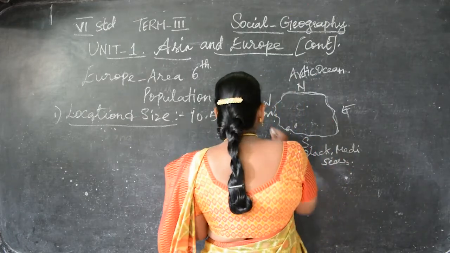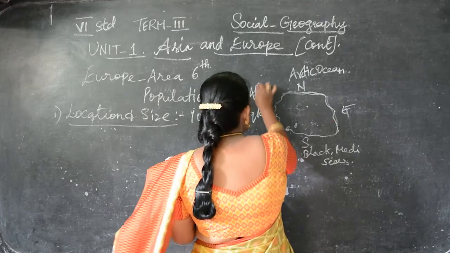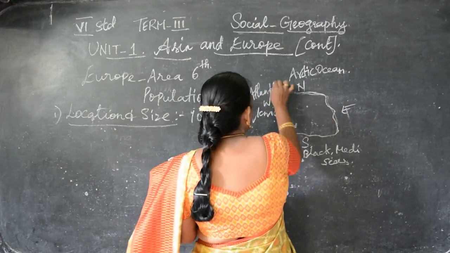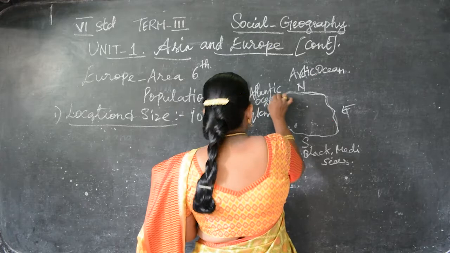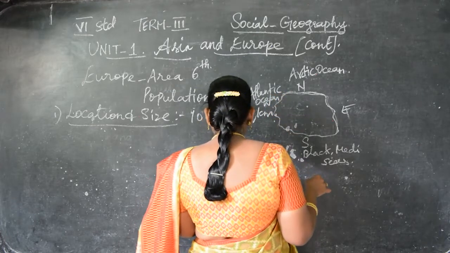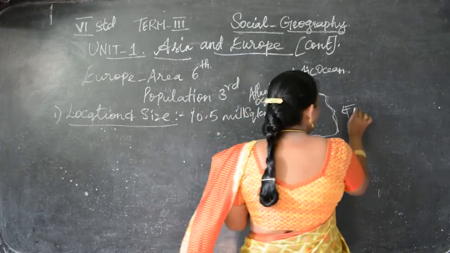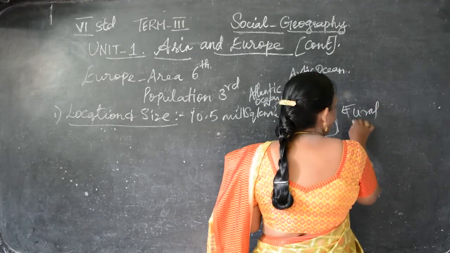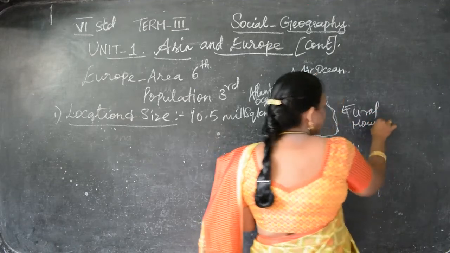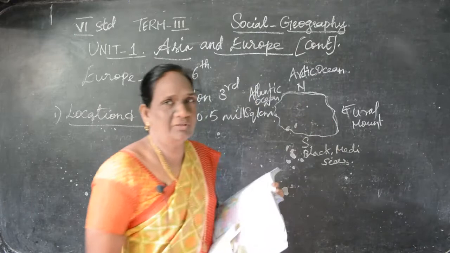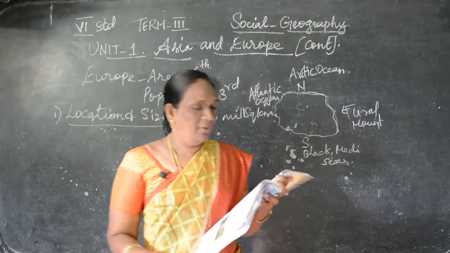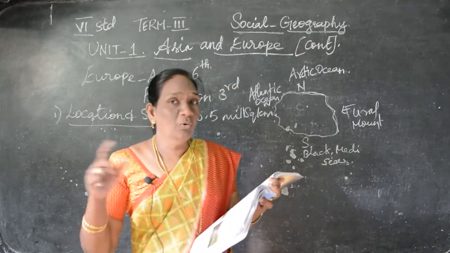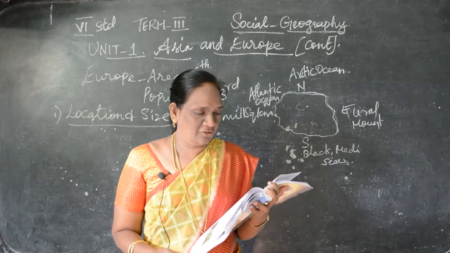The Atlantic Ocean is in the west. And in the east we see the great Ural mountains, like the Himalayas. So these are the boundaries of the European continent.